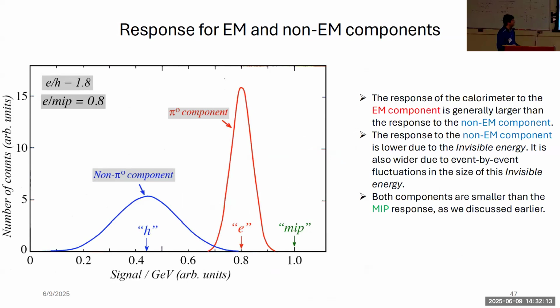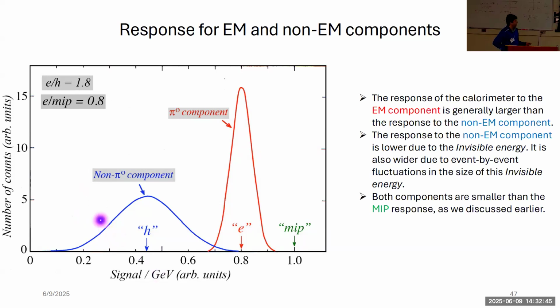What this plot shows is that if you think of the pion shower as composed of an EM part, the pi zero part, which we call E here, this red part, and a non-pi zero part, this H part, the signal per energy deposited in the calorimeter, the response of those components, will be different for the pi zero part and the non-pi zero part.